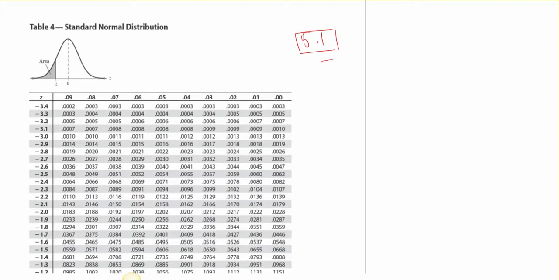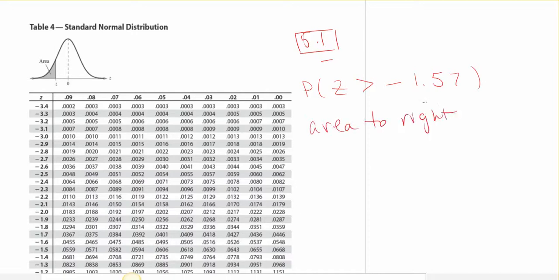Okay, let's try another scenario. We don't always want less than. So what if I wanted the probability that z was greater than negative 1.57? In order to look this up, this is the same as asking what is the area to the right of z equal to negative 1.57.